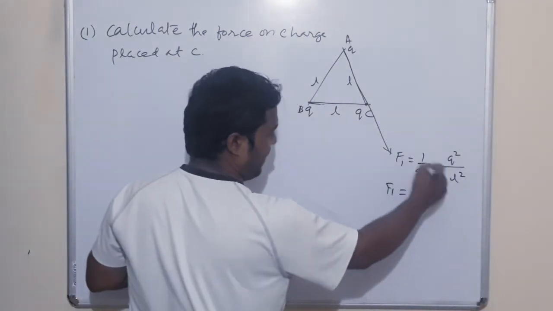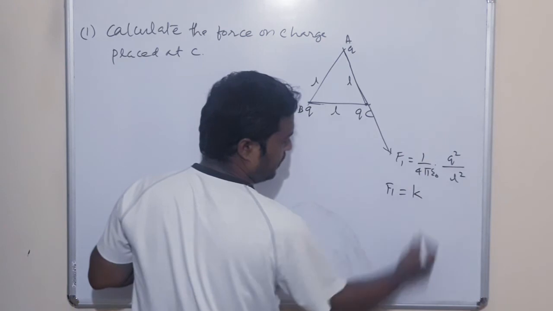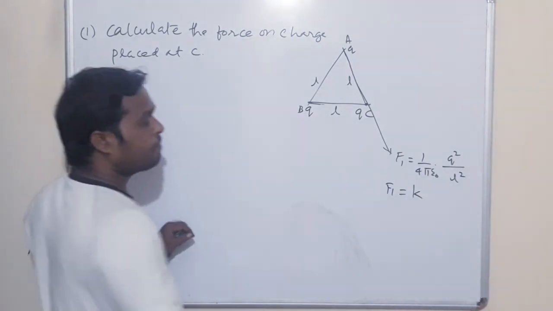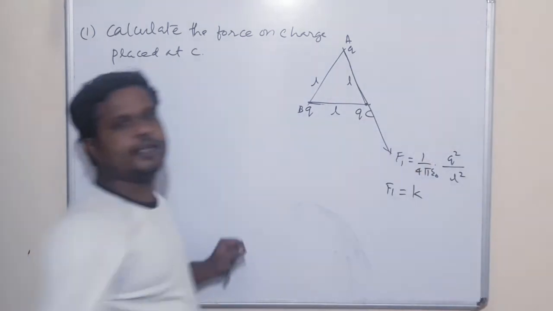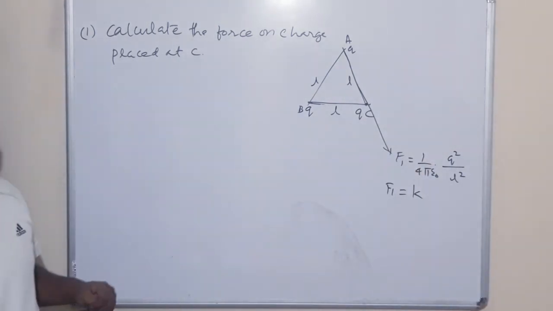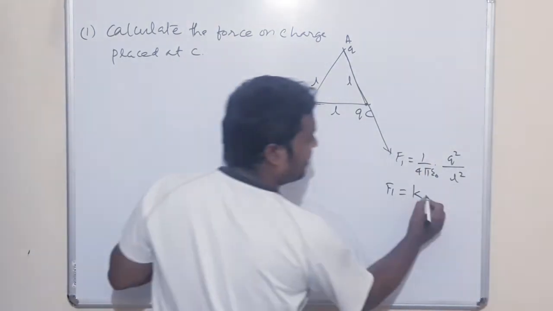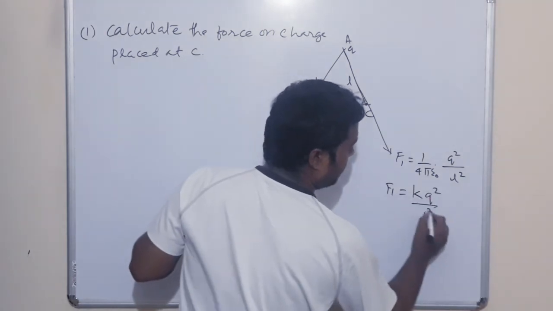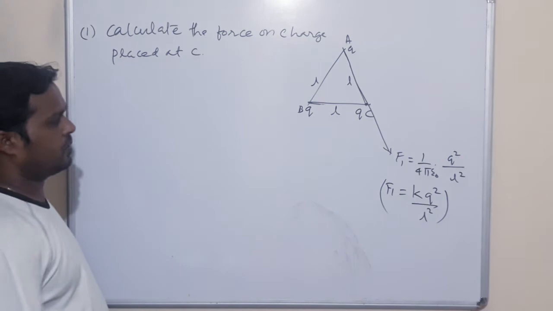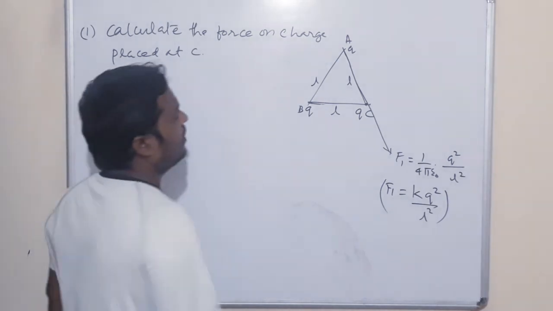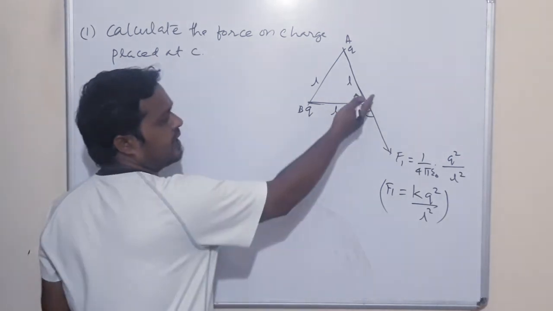Again, in place of writing 1 by 4 pi epsilon naught, I will write small k. Small k is the proportionality constant. It is not capital K. Capital K is the dielectric constant. Small k, this will be Q square by L square, where small k is equal to 1 by 4 pi epsilon naught. Then, what is the other force acting on this charge?